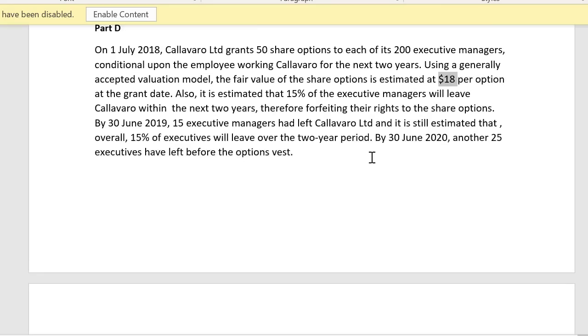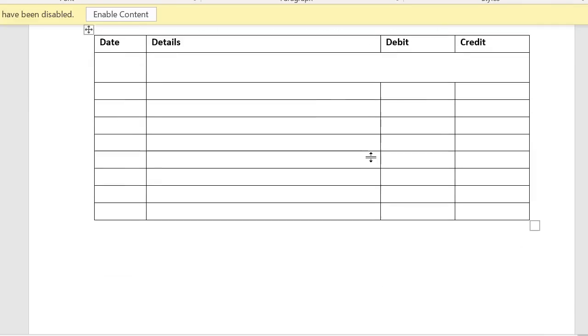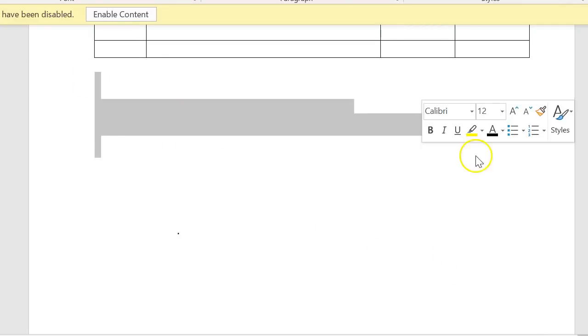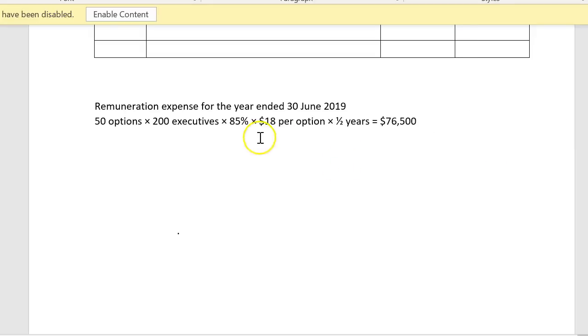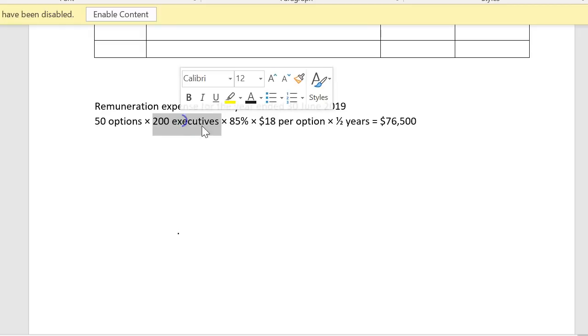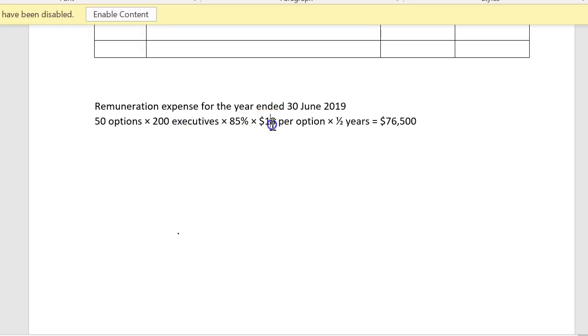Okay, so let's work out the remuneration expense. It's 76,500. So 50 options times 200 executives times 85% times $18. Guys, for the first year, you need to divide that by 2. That's what you get, 76,500.